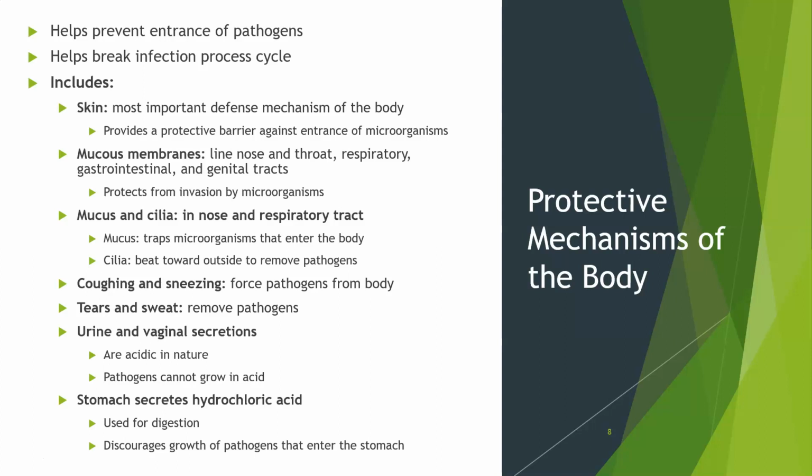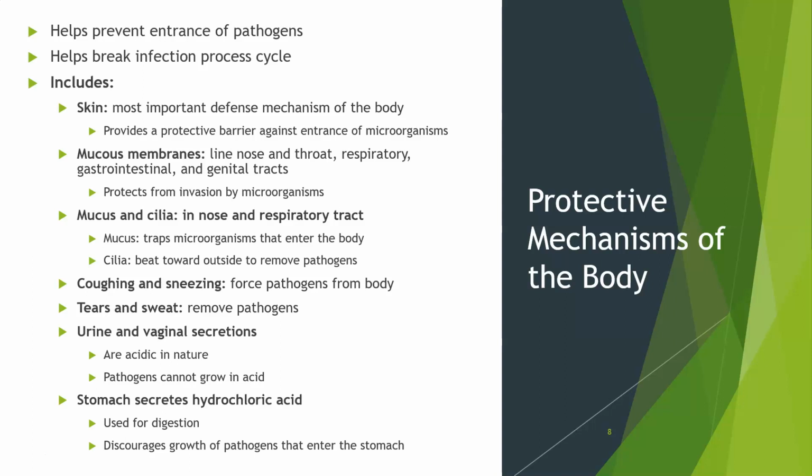And so the human body, as we see, has all sorts of different ways in order to protect itself from different pathogens. The most common and the biggest defense is the skin. Right? We have this large protective barrier against the entrance of microorganisms. There are only certain areas in the body that can allow penetration of these pathogens into areas where they can then get the necessary requirements for growth and multiplication.